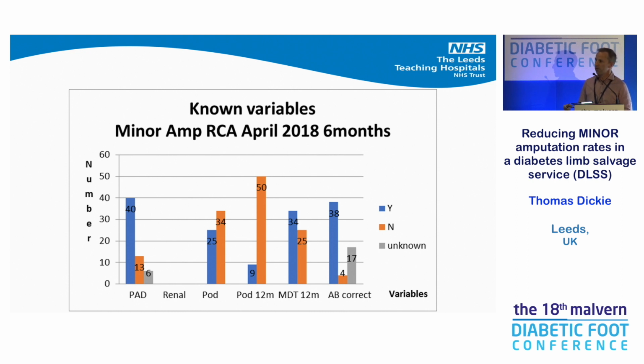So 50 out of the 59 did not have any podiatry input in the community prior to their minor amputation. There was a large number missing from the MDT as well, and we're going to come on in a minute to the missing ones that went straight to amputation. Antibiotics were predominantly well used with regards to the pathways and the sampling that was taken.